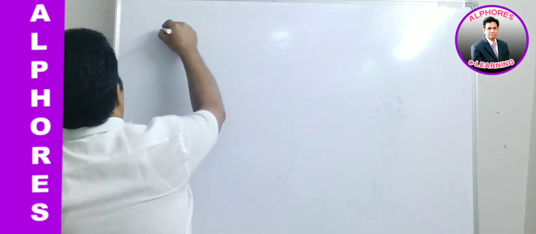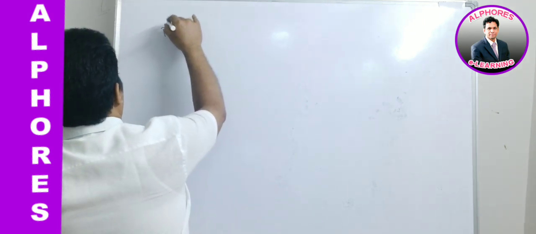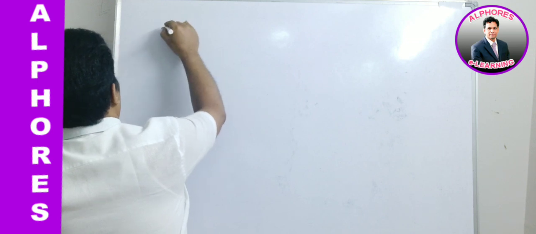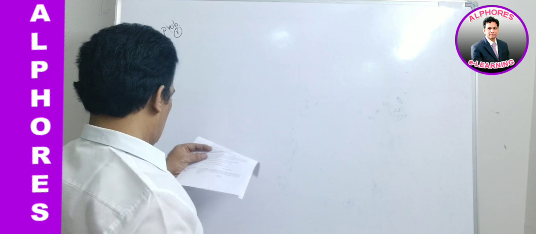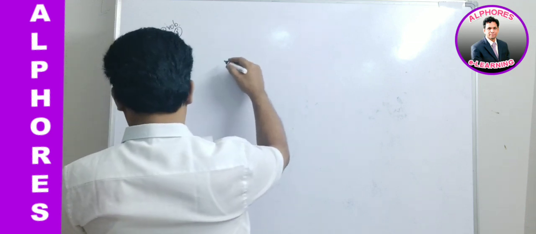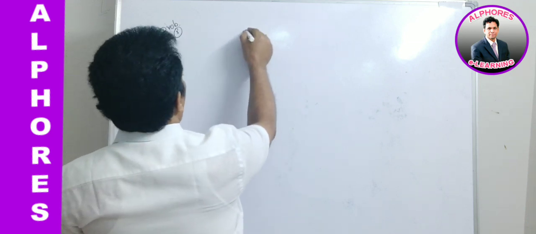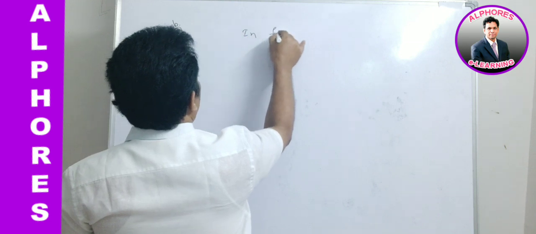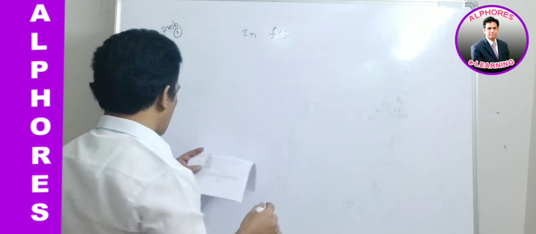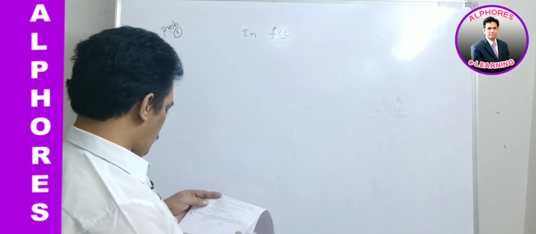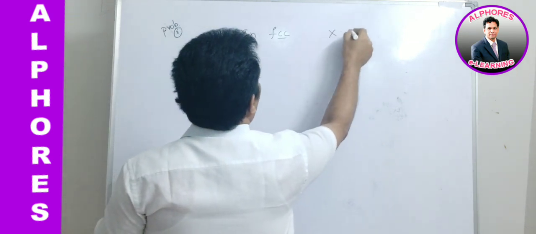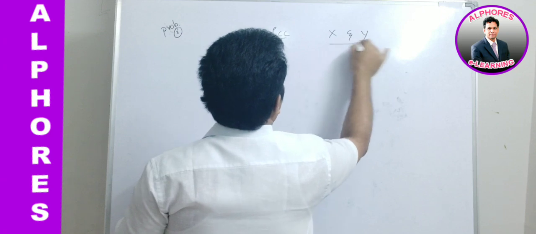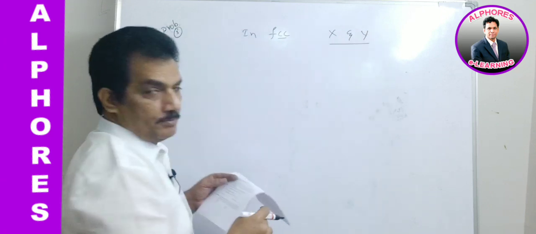It is, I think, problem number 5 here. In FCC, face centered cubic, arrangement of X and Y. These are the two elements that are present in FCC.